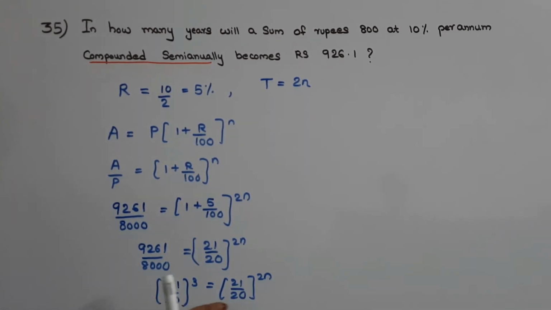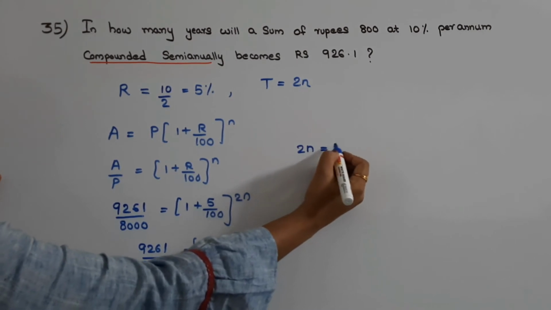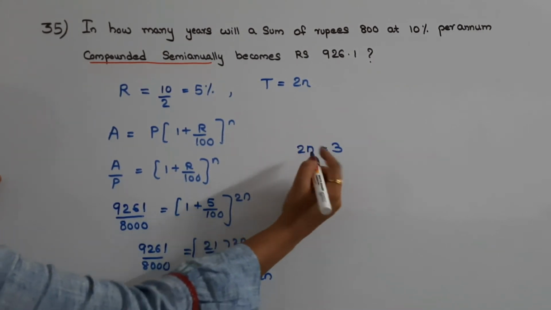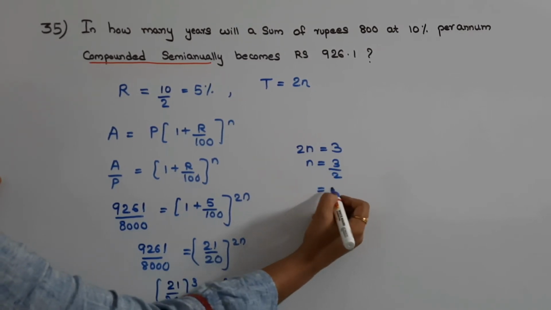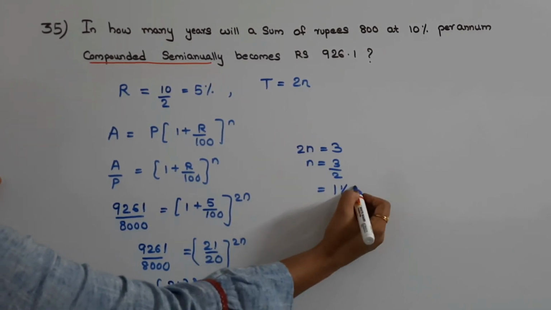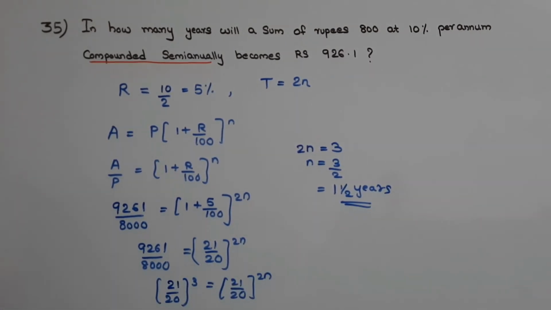Now since the base is same, we can equate the powers, that is 2n is equal to 3. So from here n will be equal to 3 by 2, that is equal to 1 by 2 years. So the answer is 1 by 2 years.